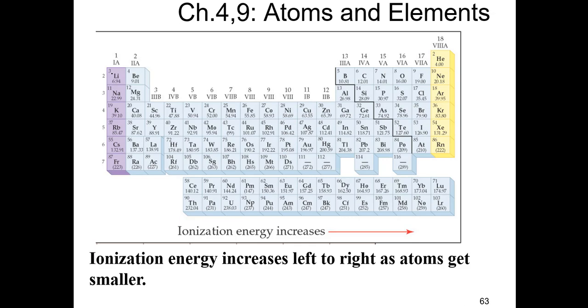For example, with lithium, it's really easy to rip off that electron to form an ion. Whereas with fluorine, it's much harder to rip off that electron.